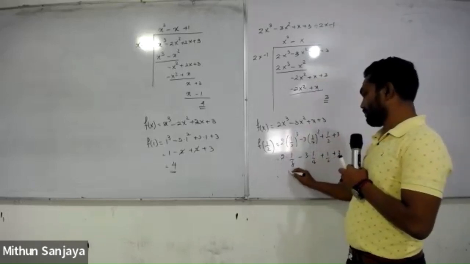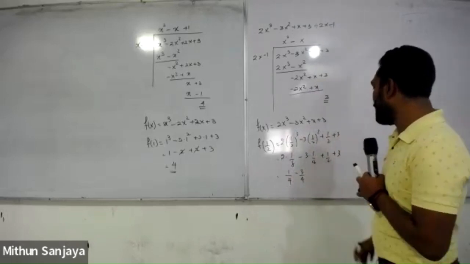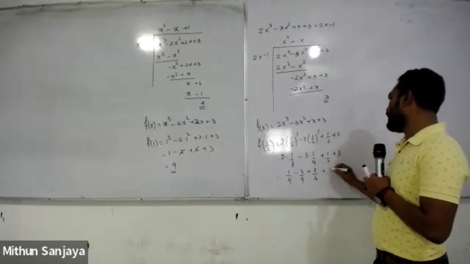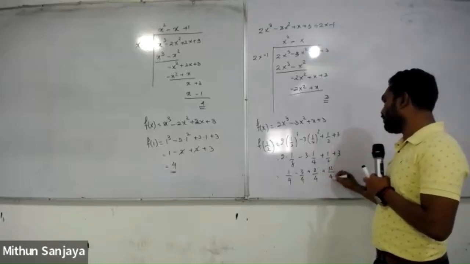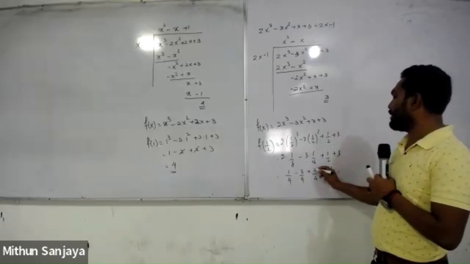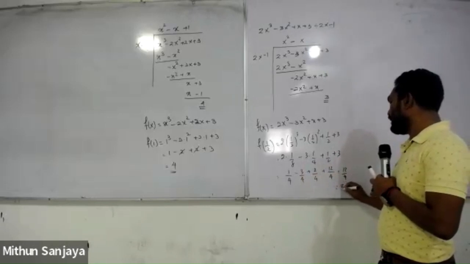Then 1 over 4, 3 over 4, and we can get the common denominator. We get 12 over 4, which is 3.